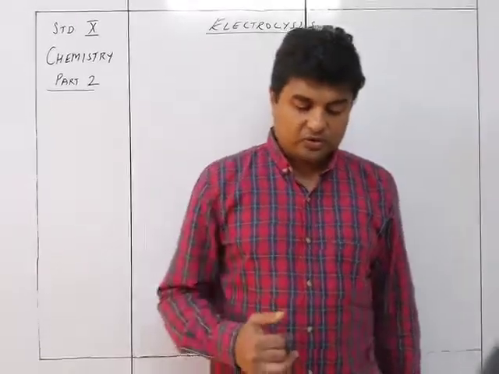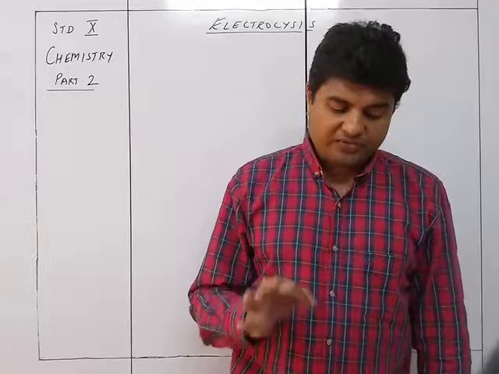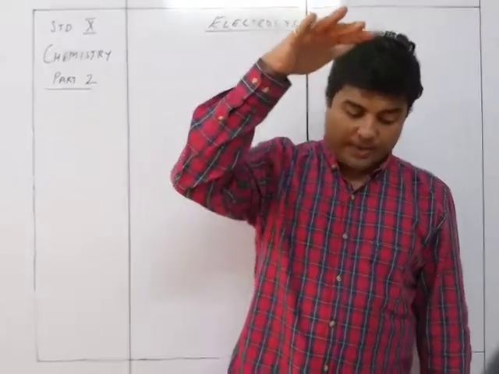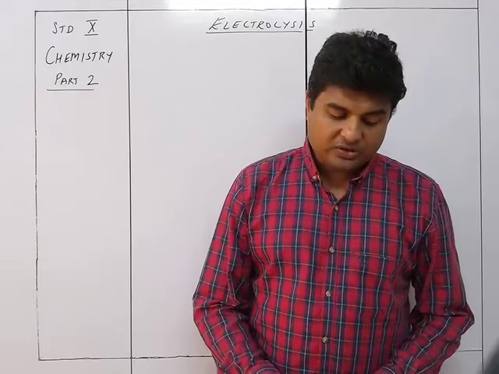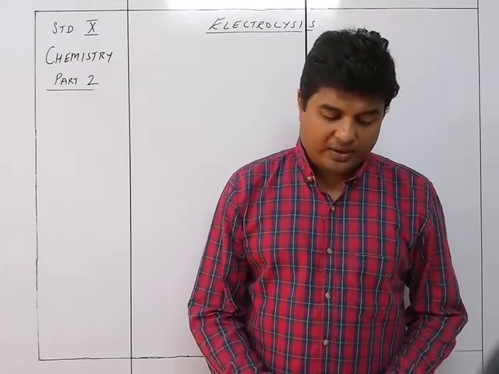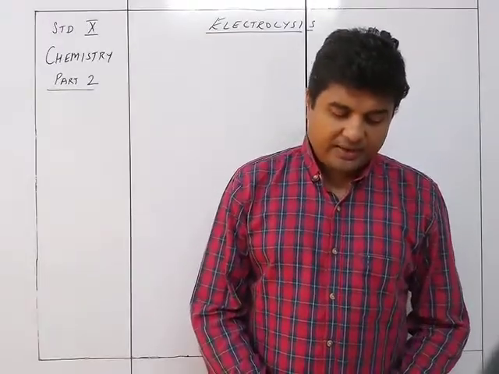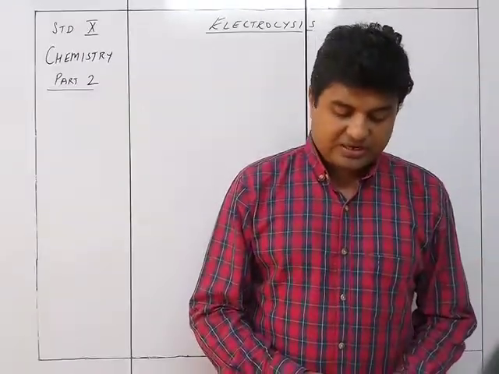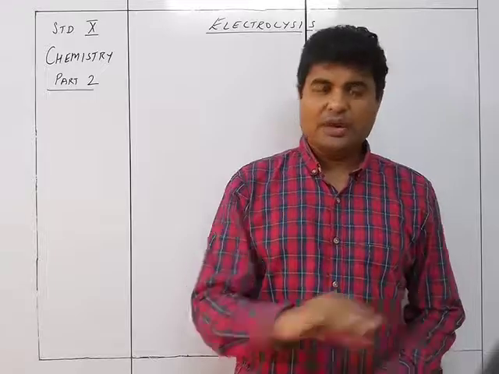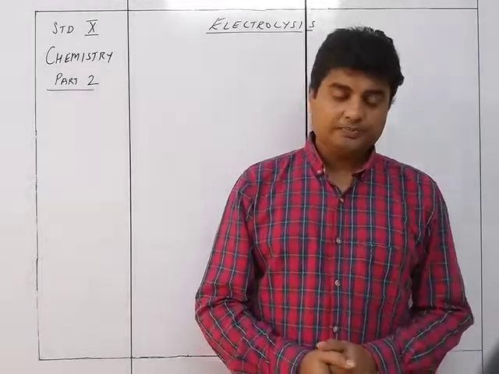This is how it is. Discharged with most difficulty are the topmost ones. Positive ions, cations, are discharged at the cathode by gaining electrons. The tendency of the cation to get reduced at the cathode increases on descending the electrochemical series. Discharged most easily at the bottom, so the last ones are the most easily discharged.